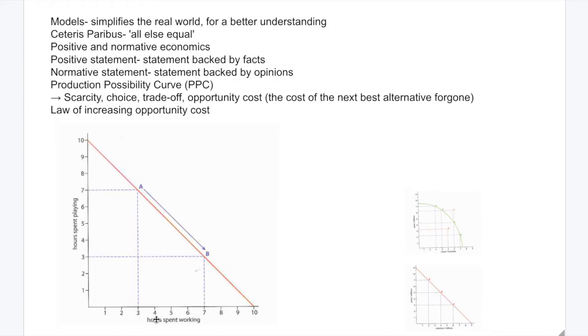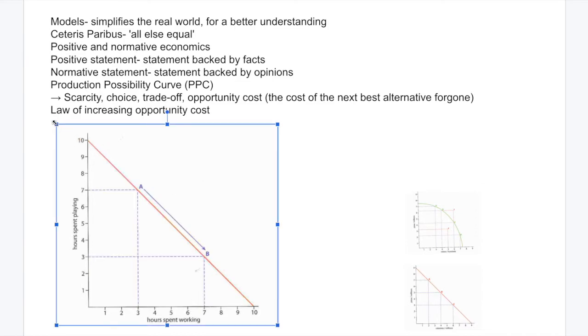If you go from 4 to 5 hours, the opportunity cost is the 1 hour you could have spent playing. 5 to 6, the 1 hour you could have spent playing. So the opportunity cost here is the same throughout. But we can see that there's an opportunity cost because it's the cost of the next best alternative forgone. The next best alternative forgone from doing one more hour working is the 1 hour you could have spent playing, and the cost of it is the benefit and the time you could have spent playing.